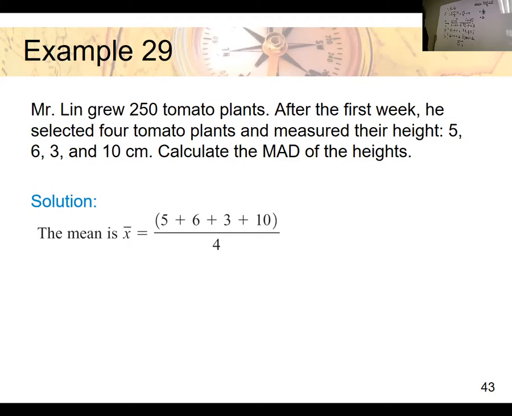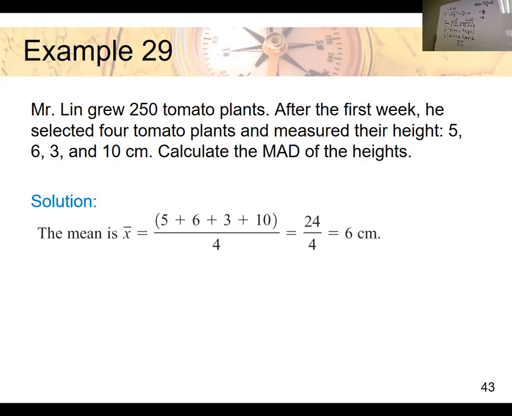You add 5, 6, 3, and 10 together and divide by 4. 5 plus 6 plus 3 plus 10 is 24. 24 divided by 4 is 6. So the mean there would be 6. So tomato plants are about 6 centimeters tall, in general.